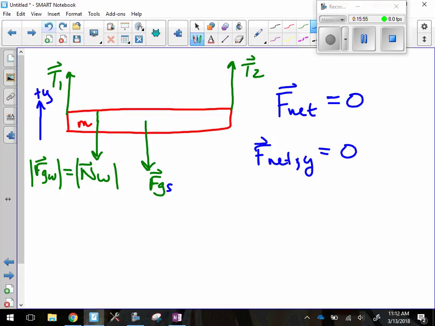Put a little s on there for scaffolding. And so I've got T1 plus T2 plus FG window washer plus FG scaffolding, and those all have to sum up to 0.